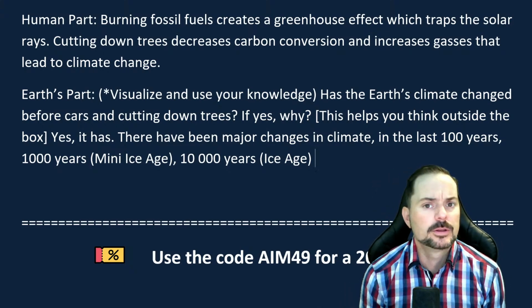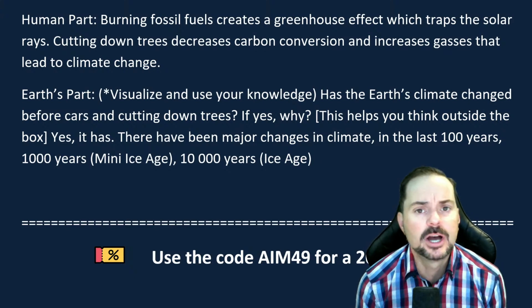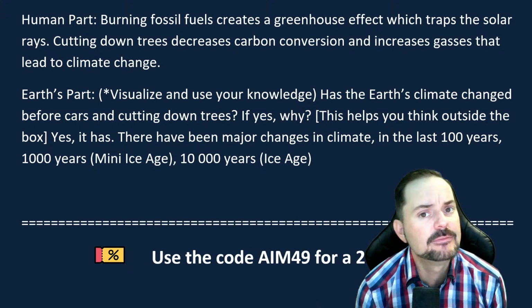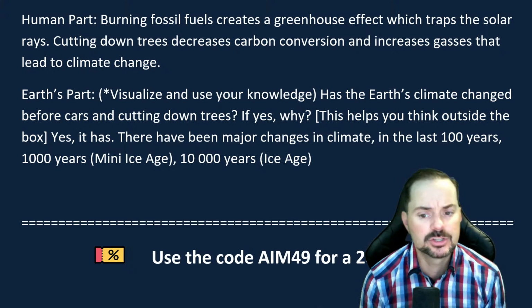Okay, well, correct me if I'm mistaken, but 100 years ago, we didn't have this many cars. So then how did we have those very high temperatures 100 years ago?